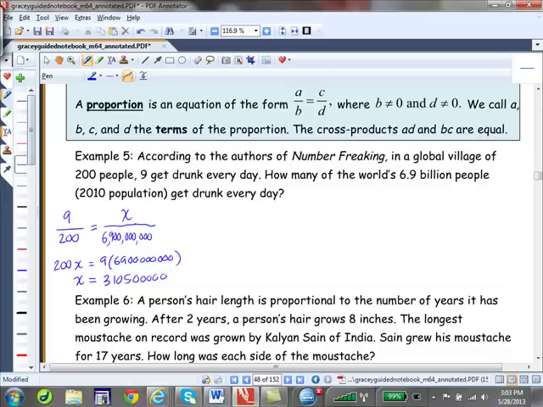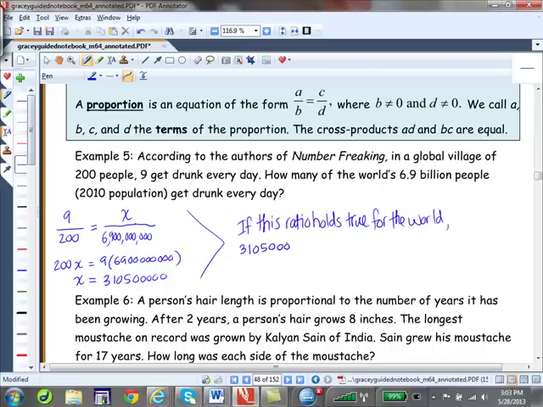So if this proportion holds true for the world, what that means is that would be 310,500,000 people get drunk every day.